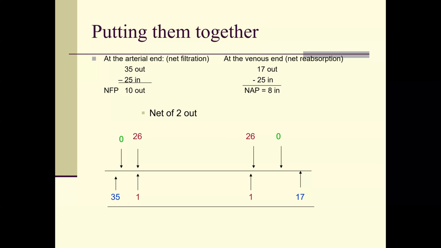How do we reclaim that 2 out? Well, we have lymphatics. Lymphatics is going to be chapter 20. We'll see that it takes the excess fluid that is not reclaimed by the blood vessels and the capillary bed, and any excess fluid that's come out for whatever reasons, and reclaims that and brings it back to the heart, with the exception of a total net out of about 1 to 1.5 liters by way of urine.